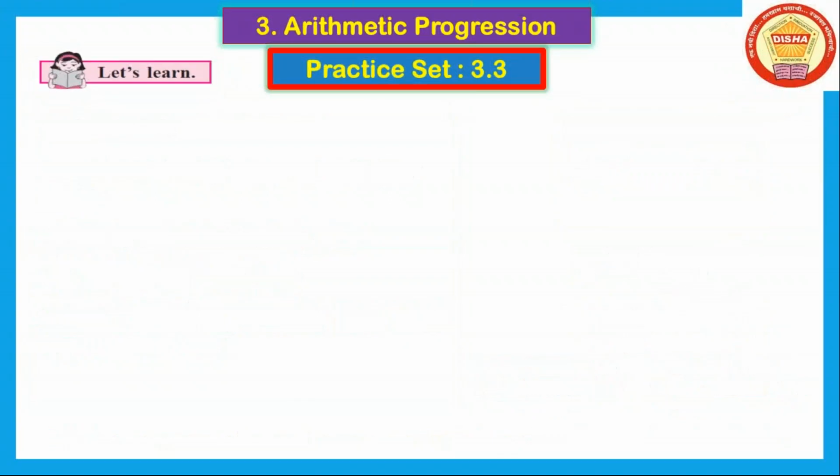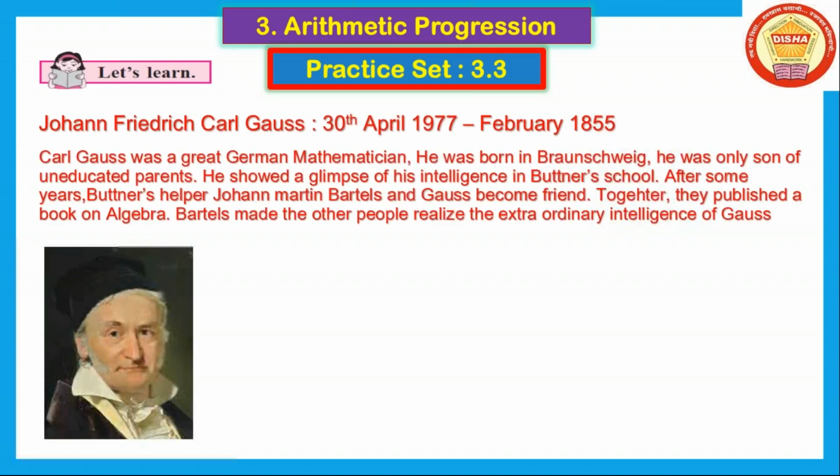Now today we see the practice set 3.3. First we see which formula we use for this practice set. See here, one mathematician, a German mathematician Carl Gauss, introduced the formula of Sn. Sn means the sum of n terms present in an AP.